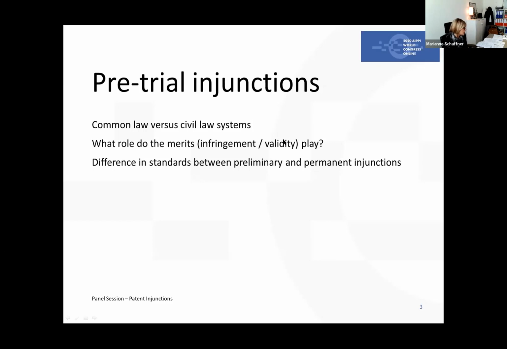Very recently, there were some decisions by the French courts which said that the SPC was just about to expire, so there was no risk in not granting the injunction, because the patentee could be repaired in money in the end. So this is taken into consideration.